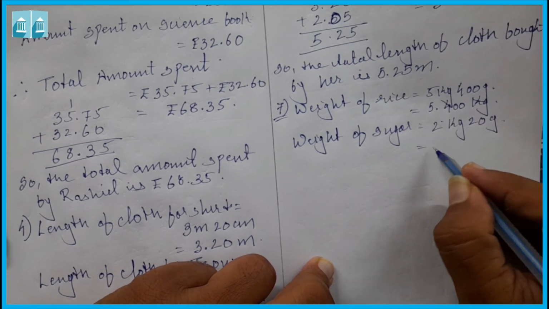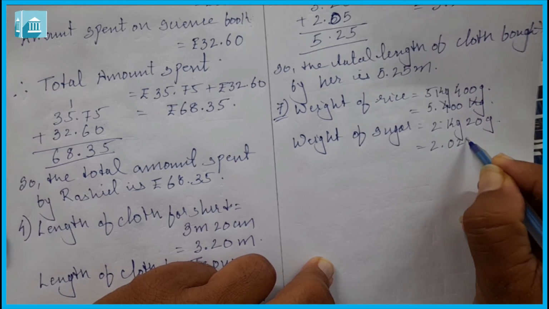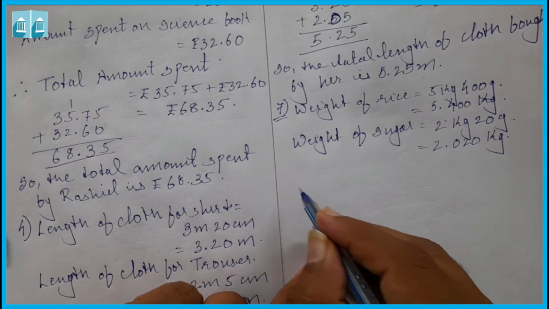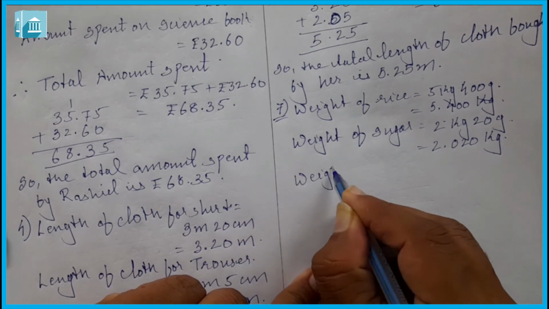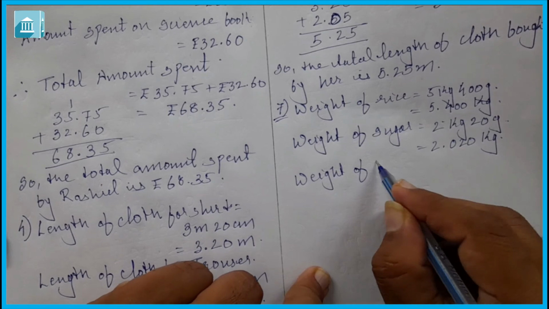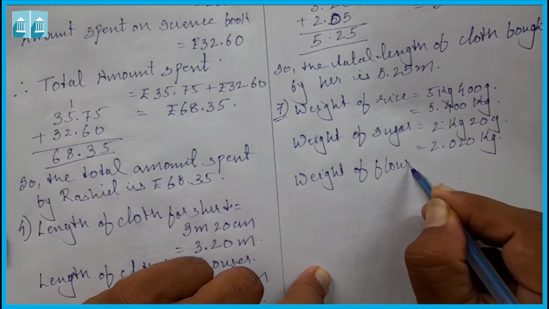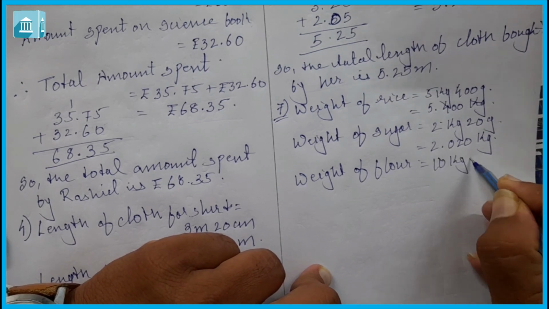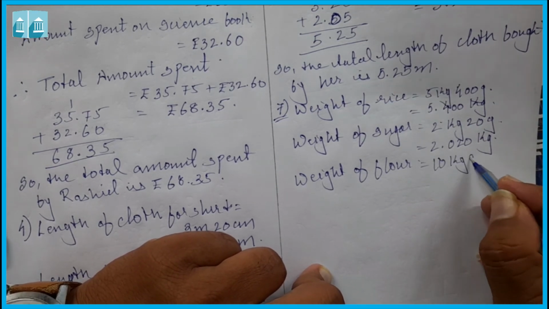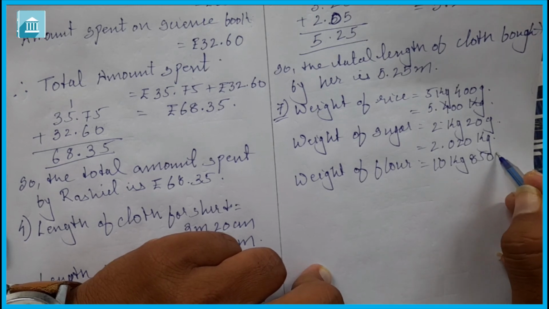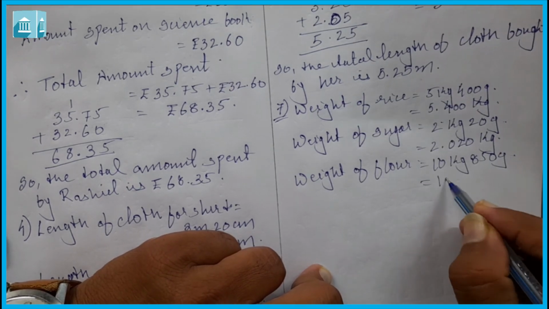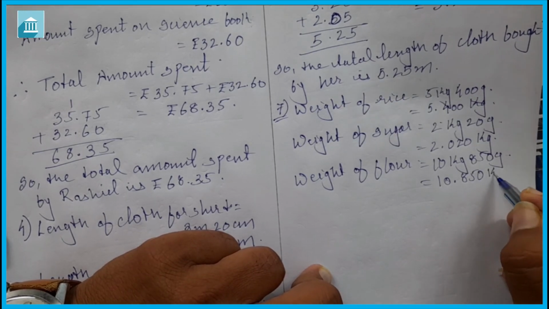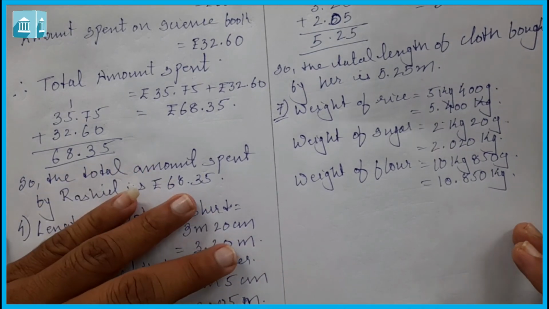So this will be 2.020 kg. Then weight of flour is also given. Weight of flour is equal to 10 kg 850 gram, which is equal to 10.850 kg. Now we need to find out the total weight.